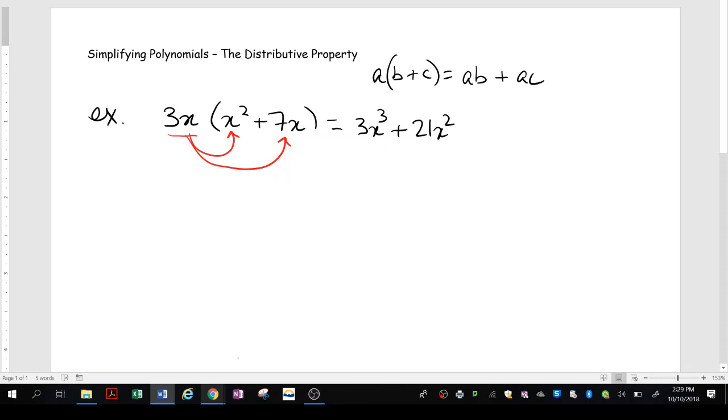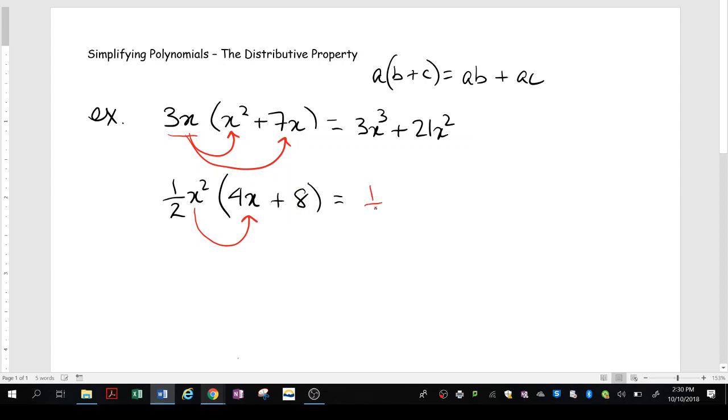Let's look at one more example. Let's suppose we have 1/2 x squared and we want to multiply that by the expression 4x plus 8. So again, we're going to start by multiplying 1/2 x squared by the first term in our expression.